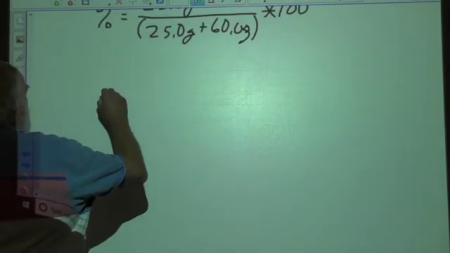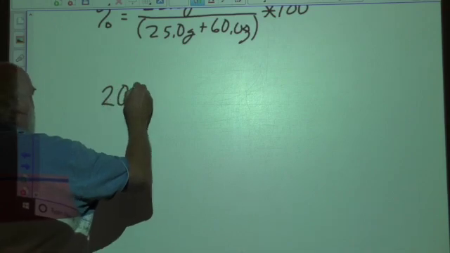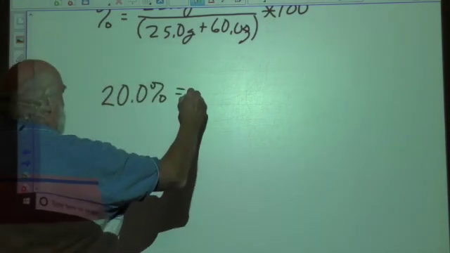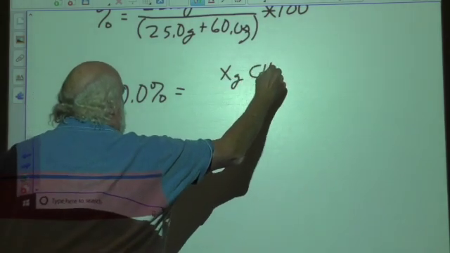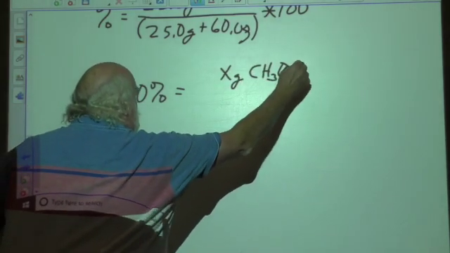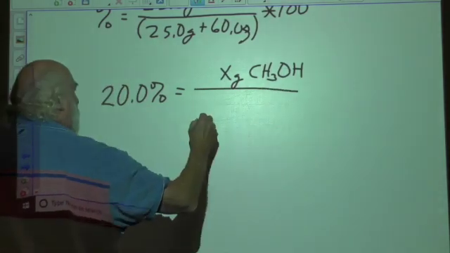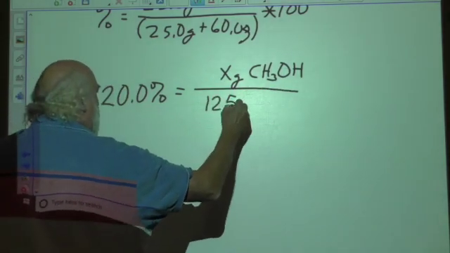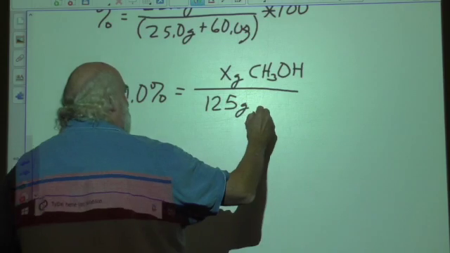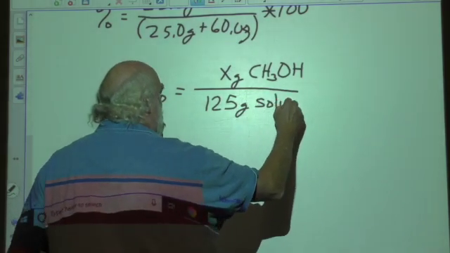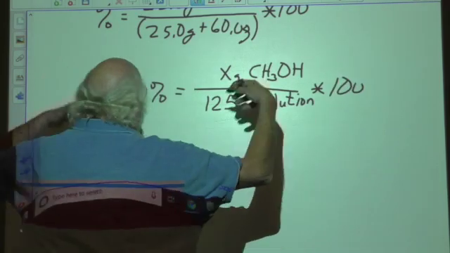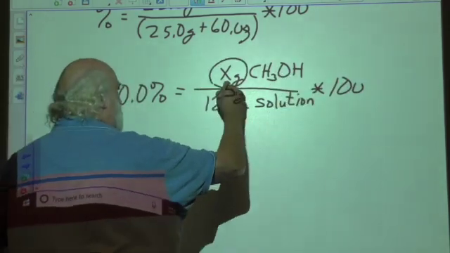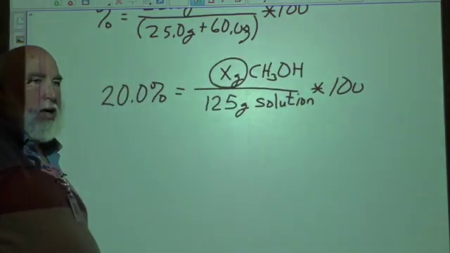So it's 20% is equal to X grams of methanol divided by 125 grams of solution times 100. We've got numbers and we only have one variable, so this now becomes an algebra problem.